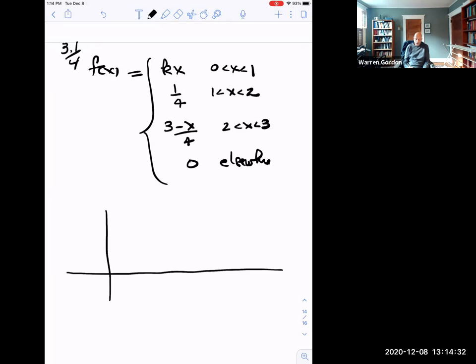But if I actually drew a picture, I know between 0 and 1, it's linear, right? Between 1 and 2, by the way, I don't know where this point is just yet. Between 1 and 2, it's a quarter. I don't know whether it's higher or lower.